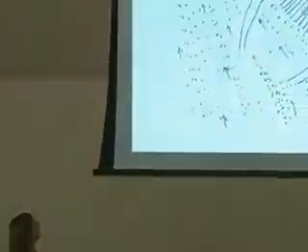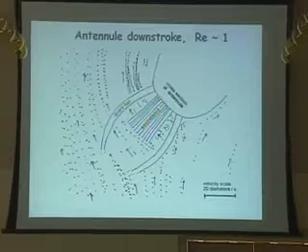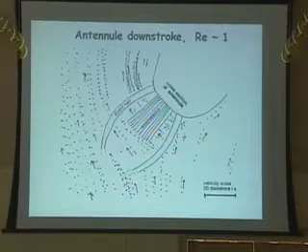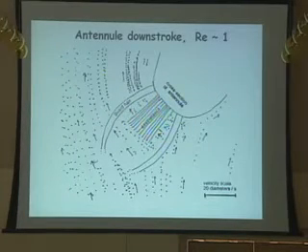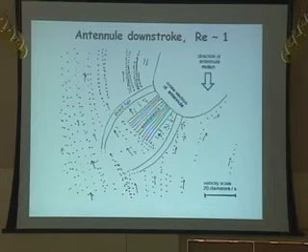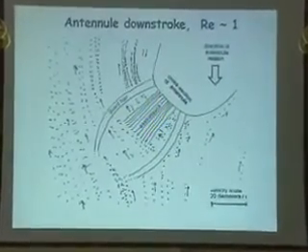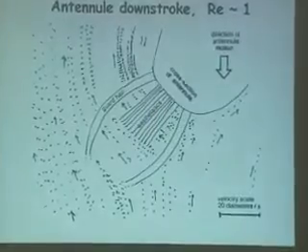So here's a model of a spiny lobster antennule, and the antennule itself is poking out into the room towards you, and the hairs, the chemosensory hairs, are poking out to the side here. Here are those guard hairs. So the antennule is flicking down, and that means that the motion of the fluid relative to the antennule is moving up. What you see here are the positions of individual marker particles on successive frames of the video.